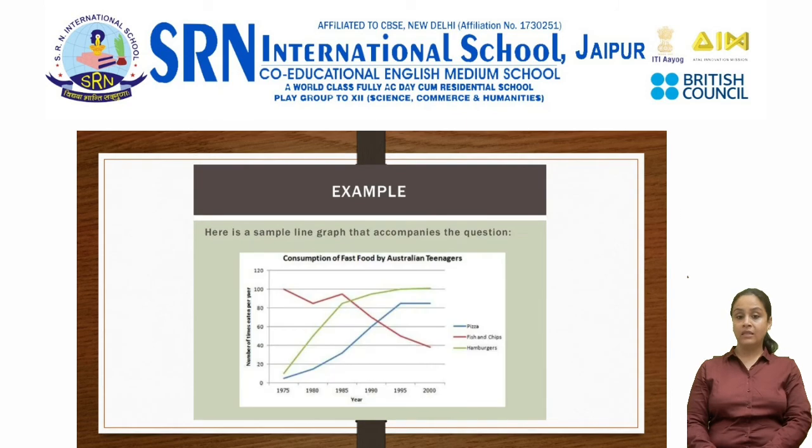Followed by this would be the line graph which accompanies the question. You can see that the consumption of fast food by Australian teenagers is the main topic, along with the line graph which clearly shows a red line for pizza, a red line for fish and chips, a blue line for pizza, and a green line for hamburgers.